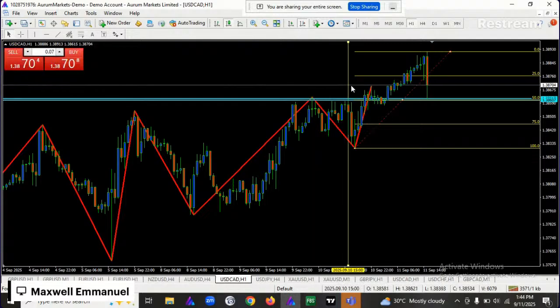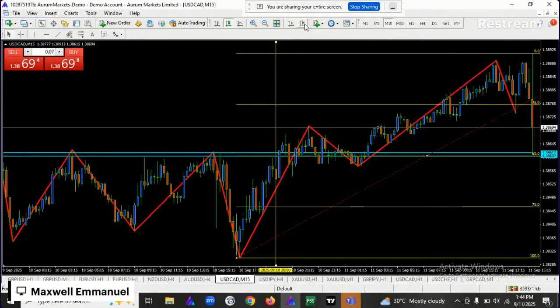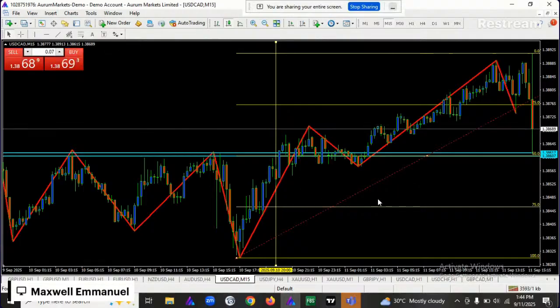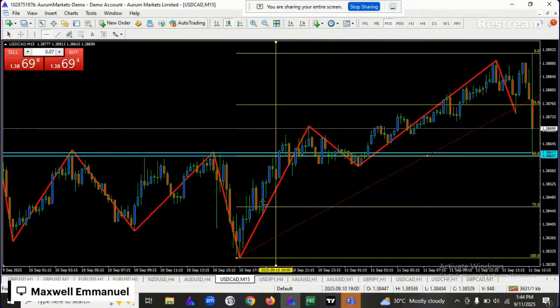Let me go down to lower time frame to see if I can identify fair value gaps on 15 minutes. So we have this fair value gap here.